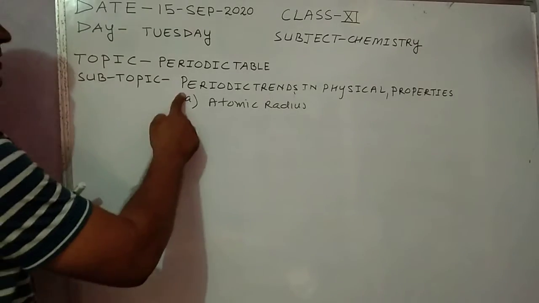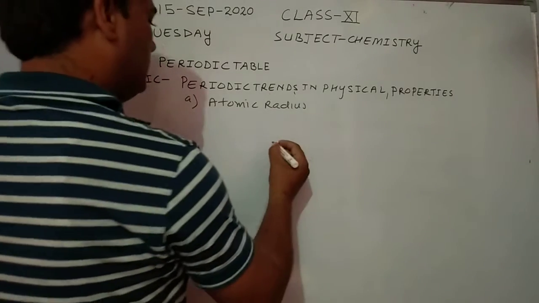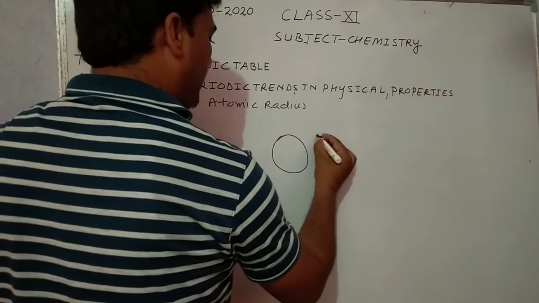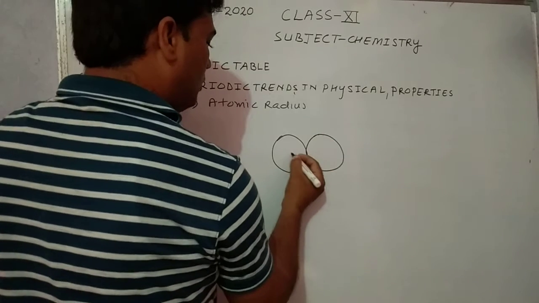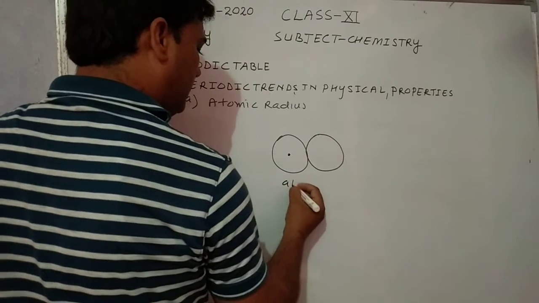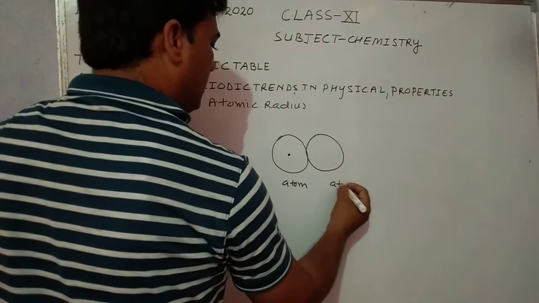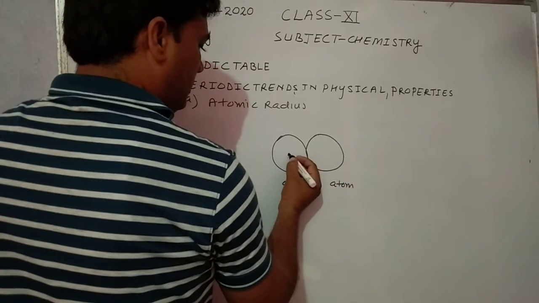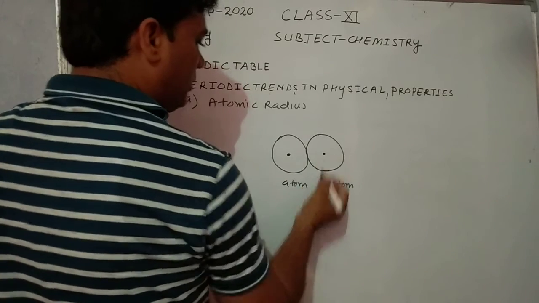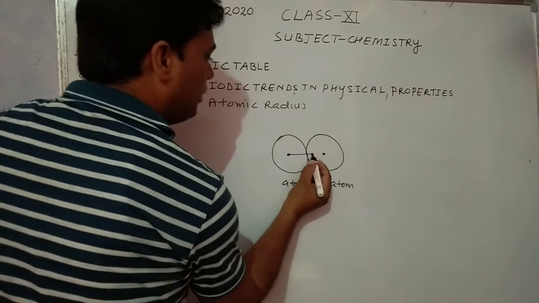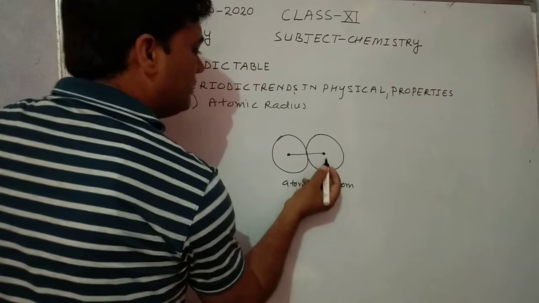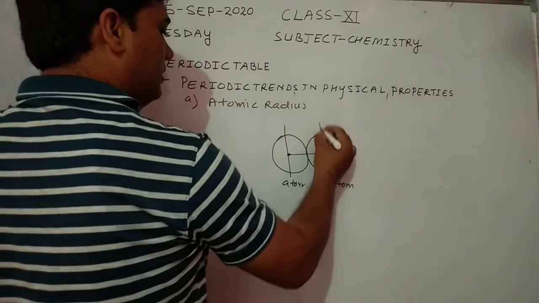What is atomic radius? Atomic radius is defined as half of the internuclear distance between two bonded atoms. This is the first atom and this is the second atom. This is the nucleus of one atom and this is the nucleus of another atom. The line joining the two nuclei is known as the internuclear distance.